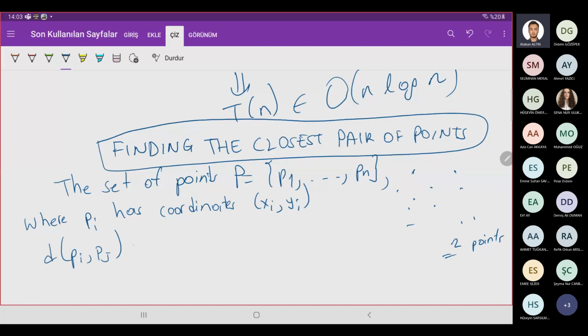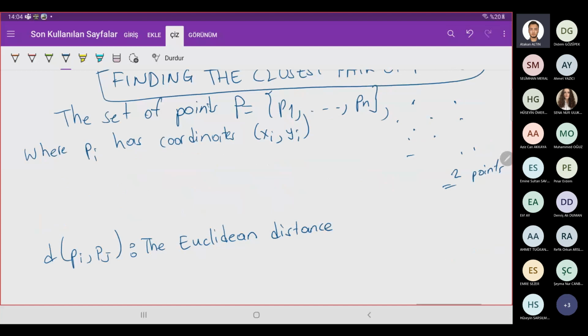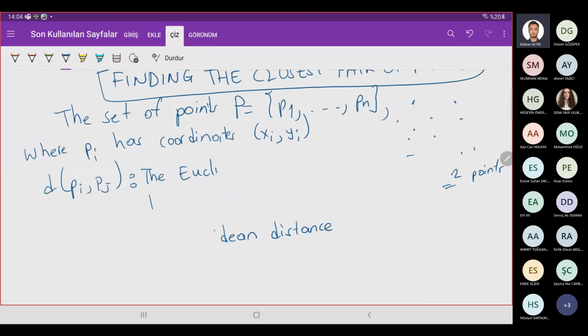The distance between Pi and Pj is the Euclidean distance between 2 points.